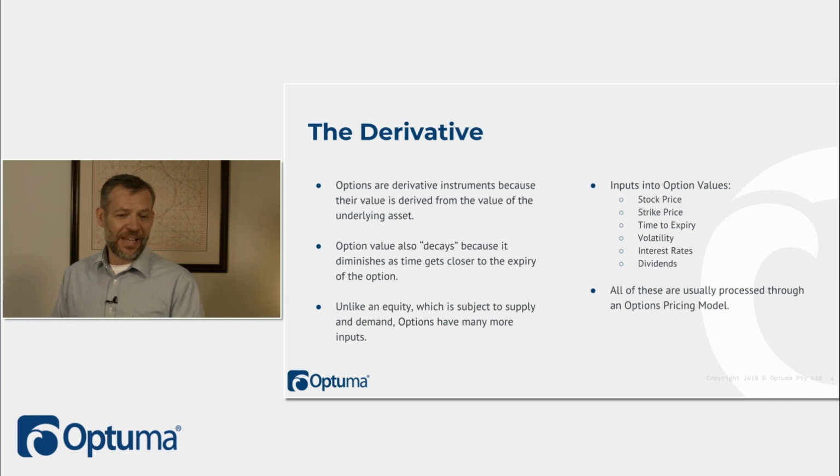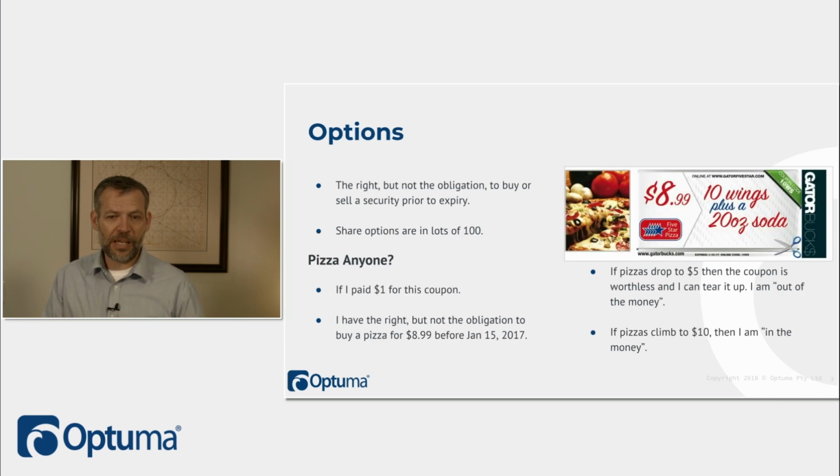Option value decays because it diminishes as time gets closer and closer to the expiry. So going back to our pizza, even if pizzas were, let's say they were $8.99 and I was sitting 3 months out, I may look at that and say, you know what? I want to buy 5 of these, 10 of these.